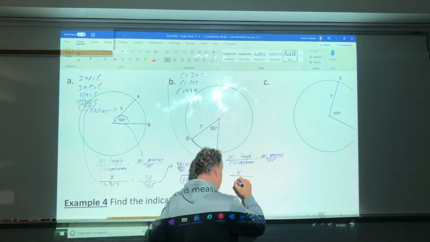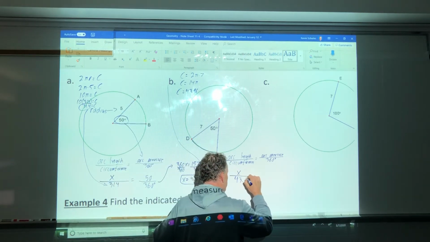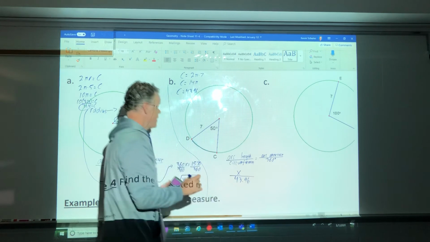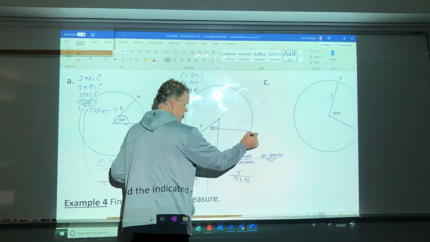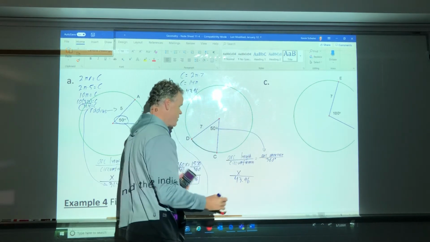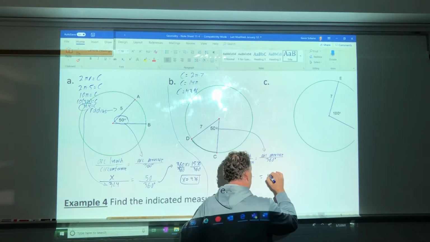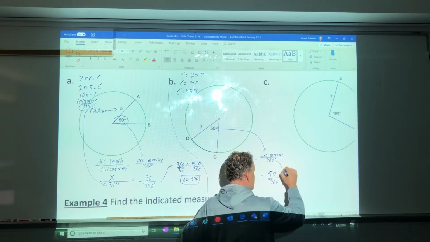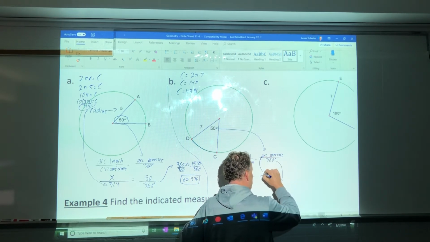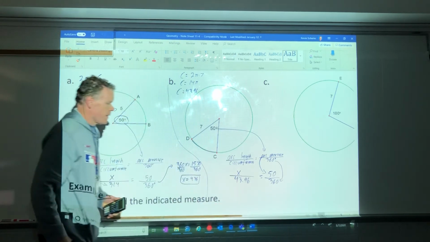So we're going to put that down here. 43.96. Our arc measure, which is the same as our central angle, is going to be 50 degrees. And we're going to put that over 360 because our 360 is right in this formula here. So everything lines up there.